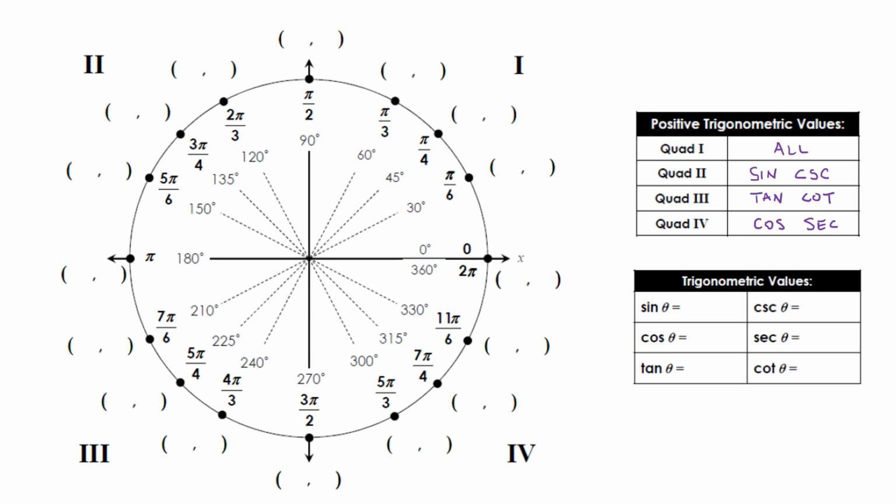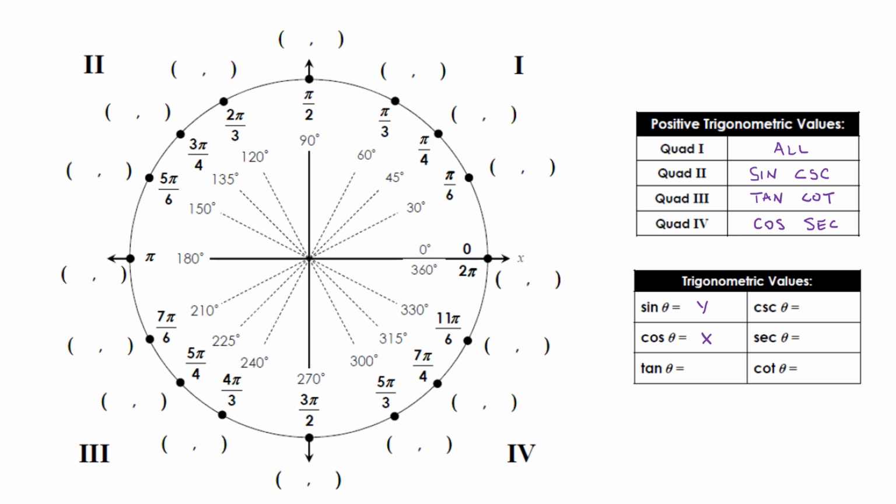According to the information that we just read, we know the sine of theta is going to equal the y-coordinate. So the y-coordinate is the value for the sine of our angle. For cosine theta, that will equal x, because the cosine values represent the x-coordinates of points on the unit circle.